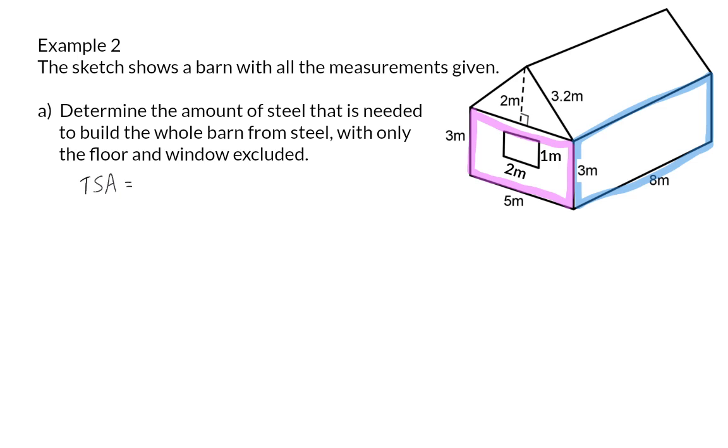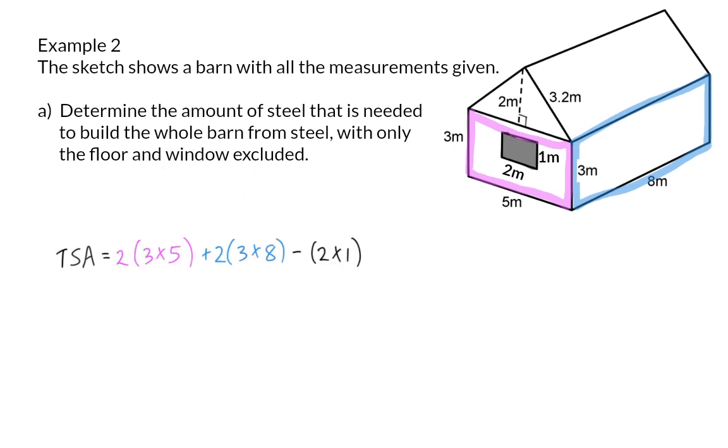This means we will have 2 rectangles of 3 by 5 meters and another 2 rectangles of 3 by 8 meters. Now we need to remember that the window is excluded. Therefore, we need to subtract this rectangle, and that will be 1 rectangle of 2 by 1 meters.